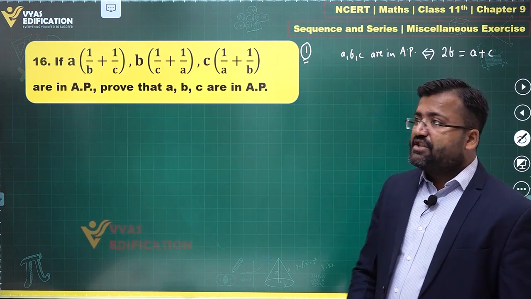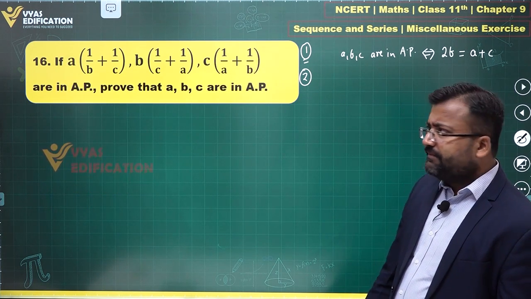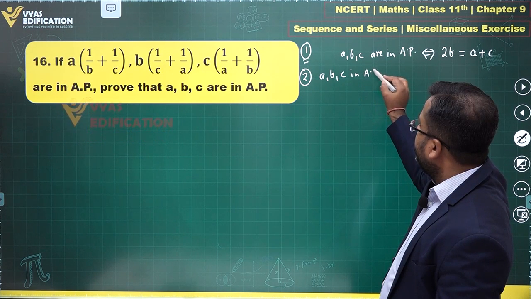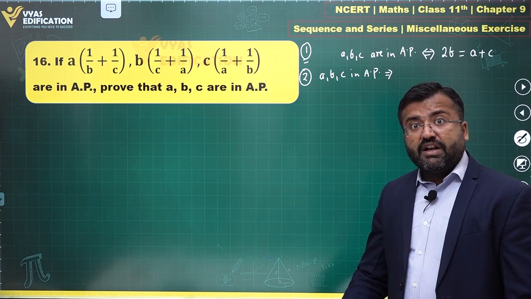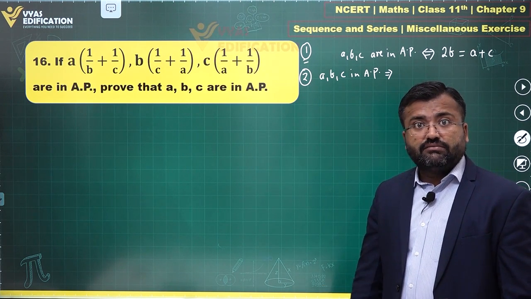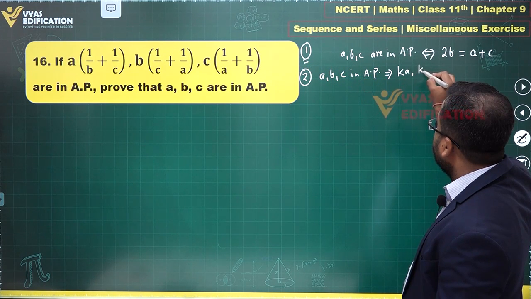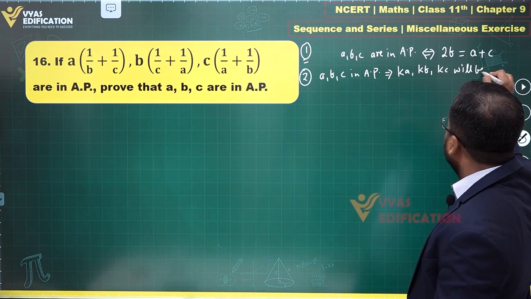But there's another idea which is useful for proving that numbers are in AP. If you are given A, B, C in AP, that implies that you can multiply the numbers by any fixed number. Let's say KA, KB, KC will be in AP.